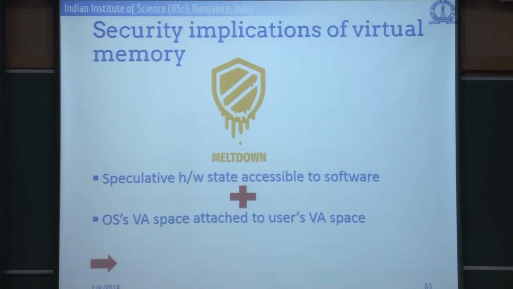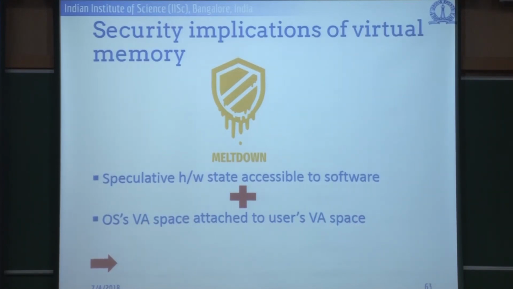There was a big security breach, and virtual memory has a role to play in that. It partly happened due to speculation, which I think you have already been taught about, where some speculative microarchitectural state was unintentionally exposed to the adversary program.